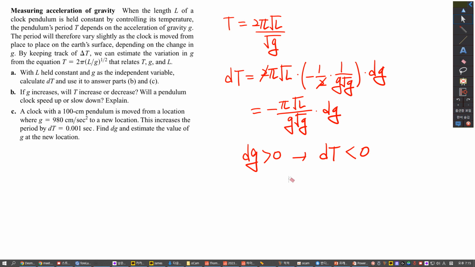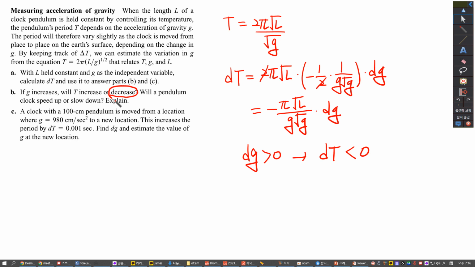So if period decreases, does it mean that the clock pendulum goes faster or slower? The period means, let's say the original period is 10 seconds.